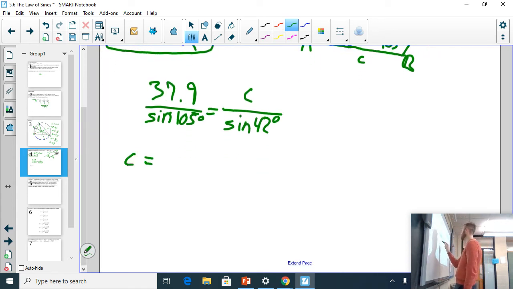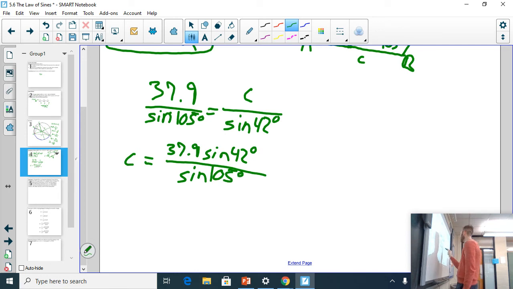We get c equals 37.9 times sine of 42 degrees all over sine of 105 degrees. And that's just something you stick in your calculator. And once you stick that in your calculator, you should get that c is about 26.25.